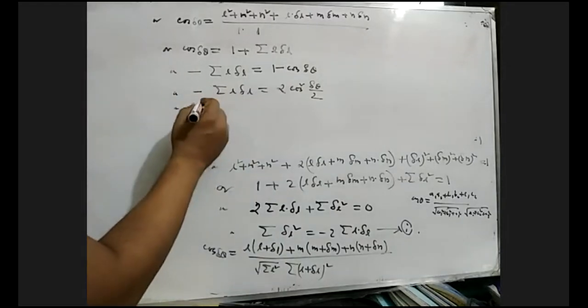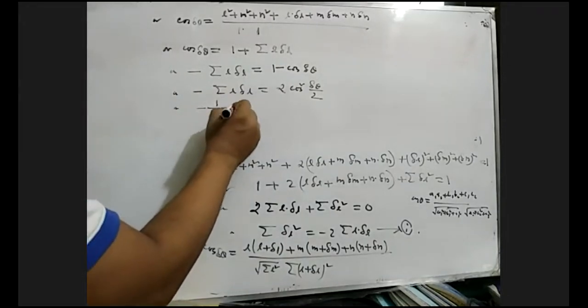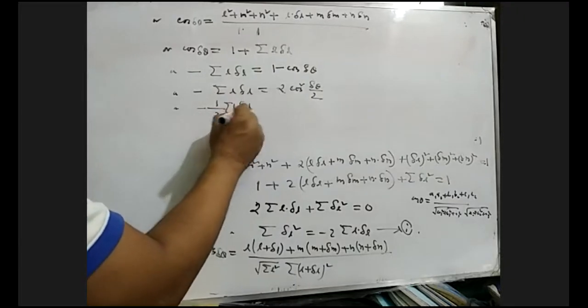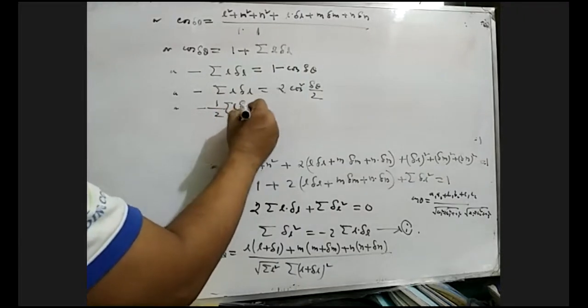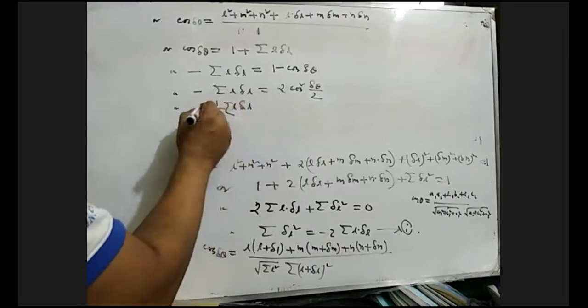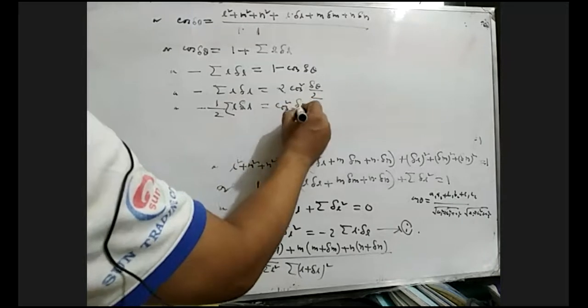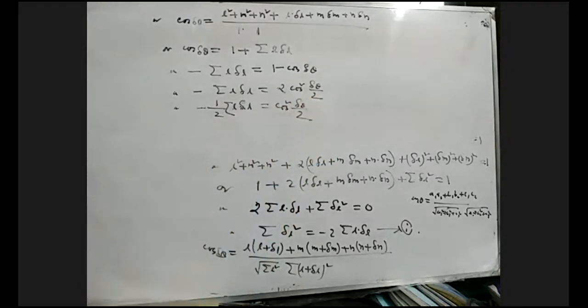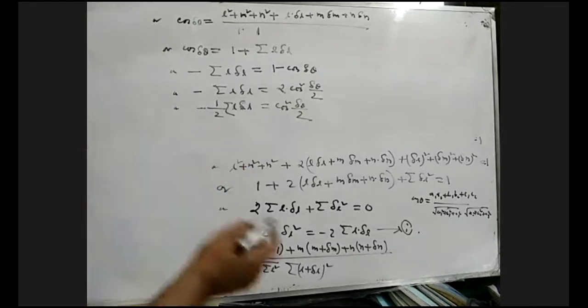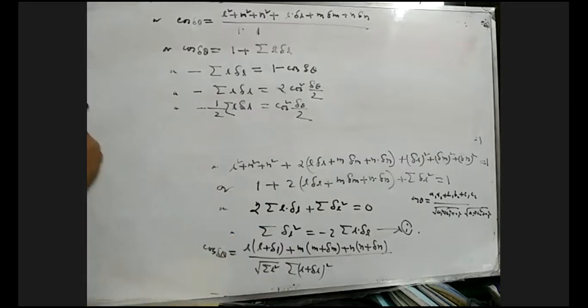Or dividing by 2 on both sides, summation L del L equals cos square del theta by 2. But this summation L del square equals what? Summation L square.